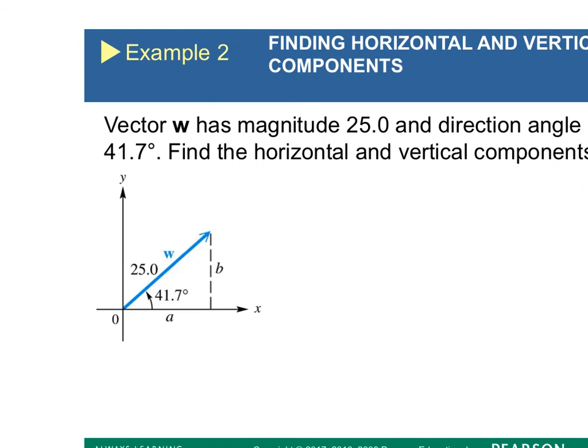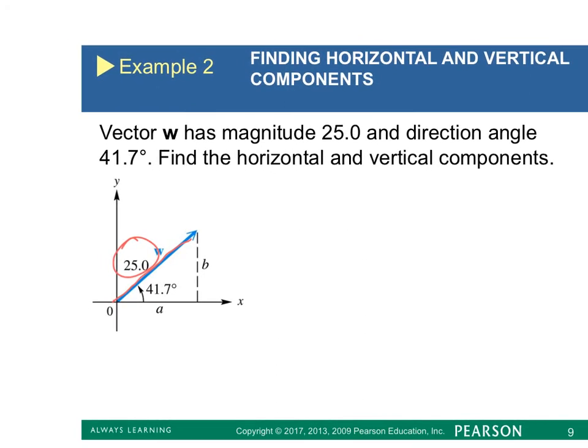Example 2, vector W, that must be vector W right here, has a magnitude of 25. He already gave me the magnitude. And it gave me the direction, 41.7 degrees is a positive angle. Find the horizontal and vertical components.